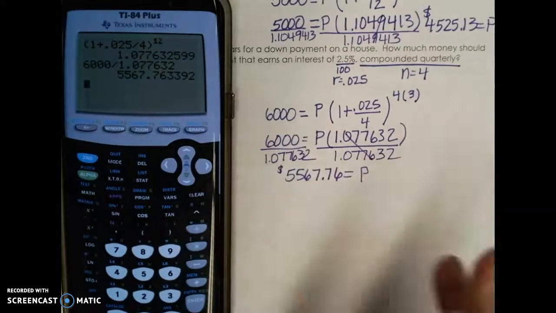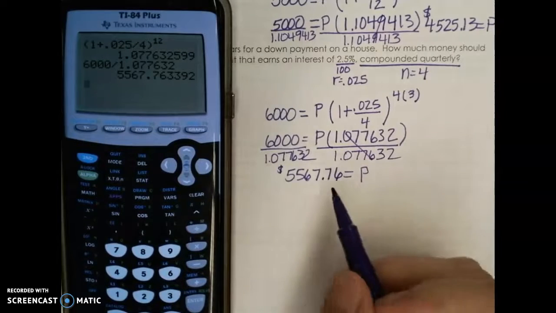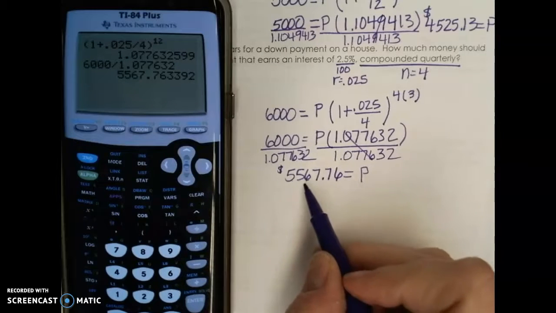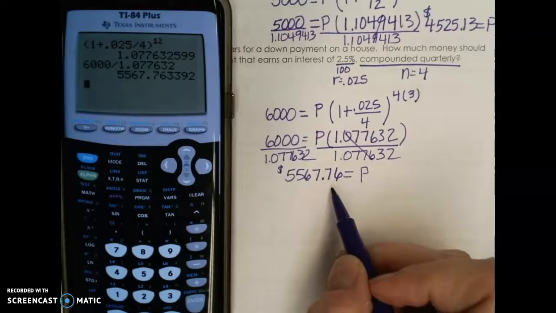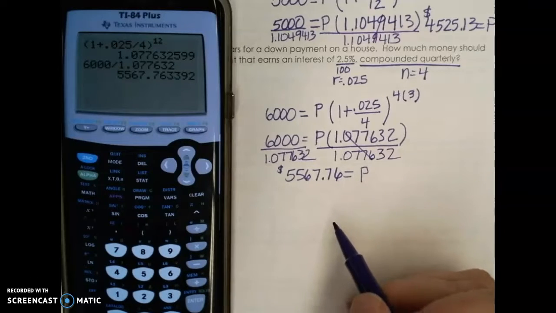So in order to have $6,000 in 3 years, based on that interest rate, she has to deposit $5,567.76. So pretty much all of it she has to deposit now. So it's not maybe the best savings plan for her.